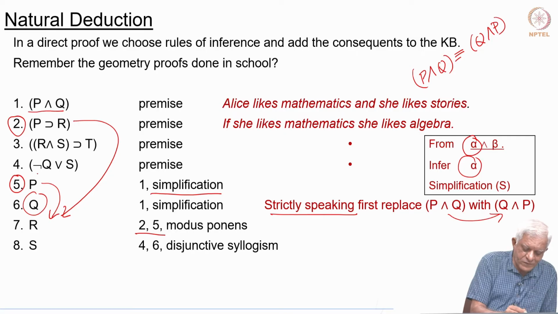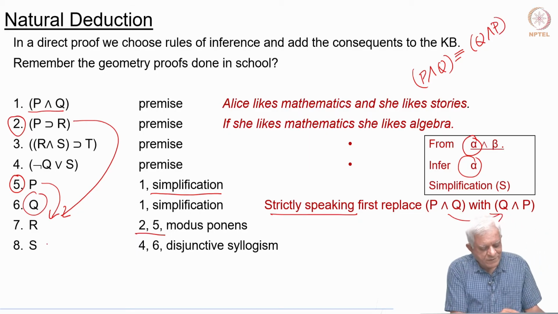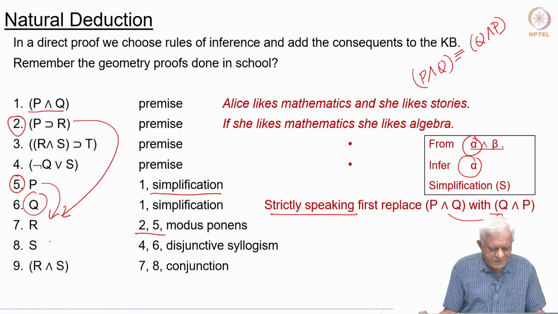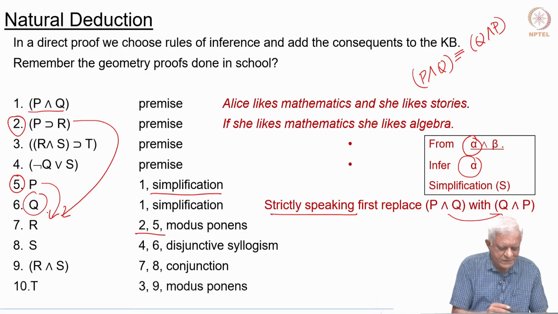What does 4 say? 4 says that Q must be false or S must be true, but we have said in 6 that Q is true. So, therefore, S must be true because Q is not false and therefore, we get S. Then we can use the rule of conjunction, which says okay, R is given to us, S is given to us.